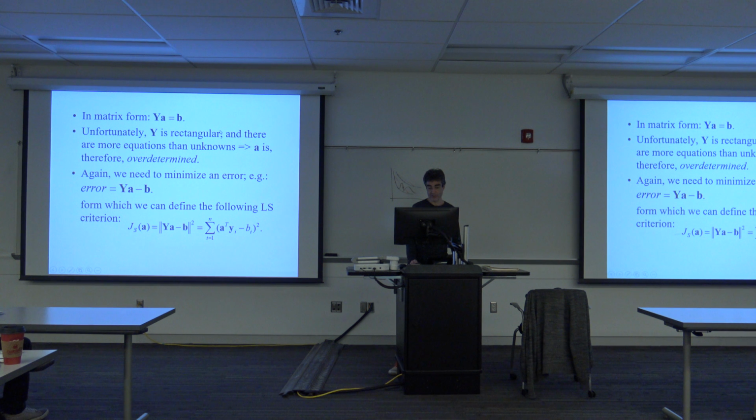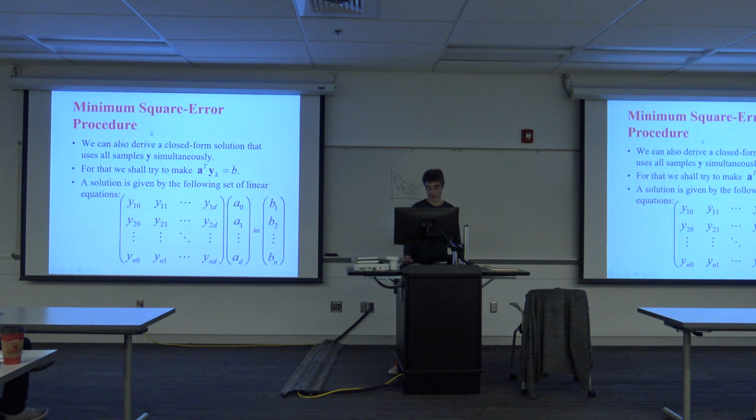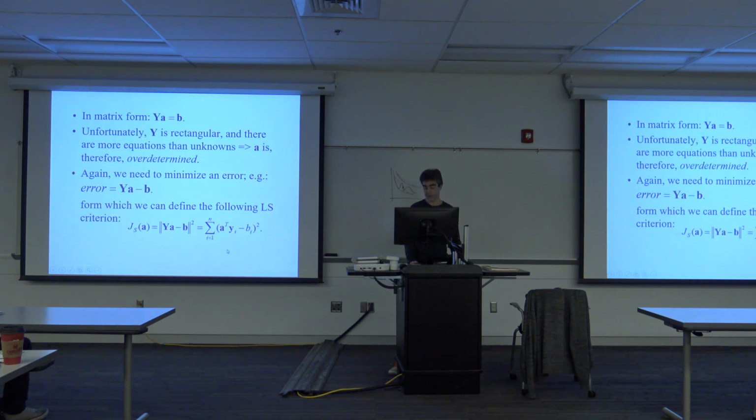Unfortunately, this matrix Y is n by d, or n by p in our case, so it's not a square matrix. So in order to solve this, we need to apply linear least squares. This is our linear least squares error function, which is the same as the minimum square error that we defined before.